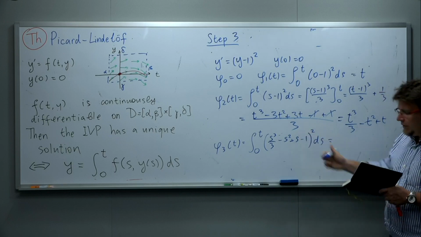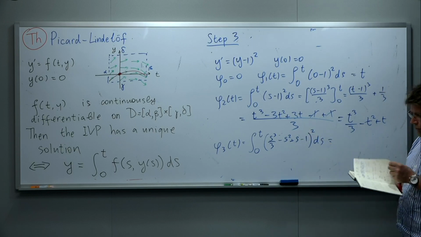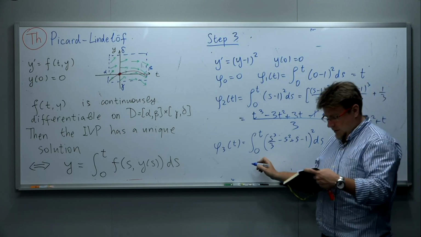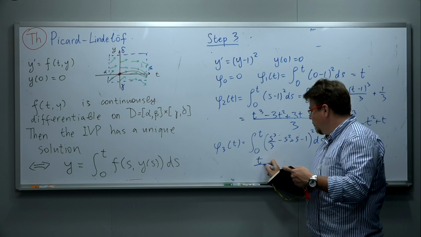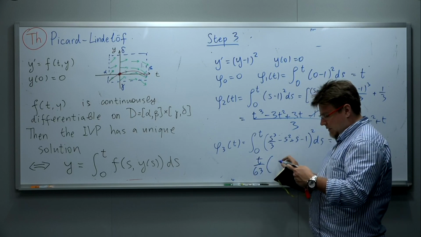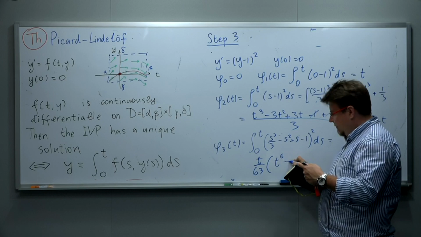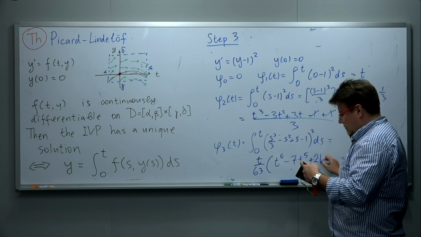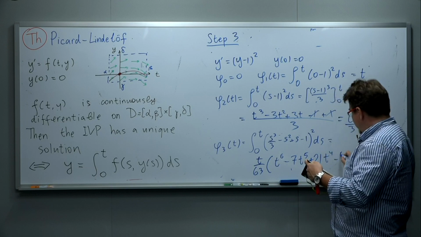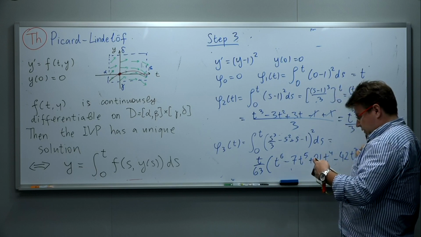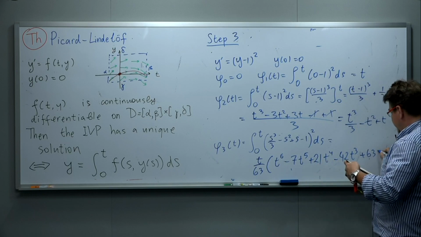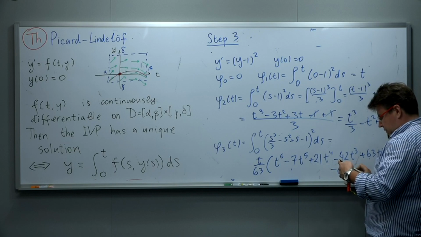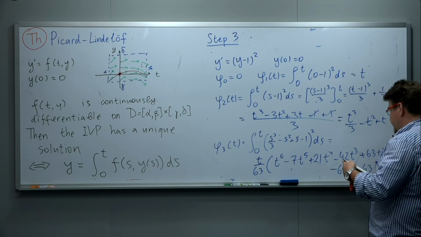And this is already a very complicated integral. I didn't do it myself, of course, I did it in Wolfram Alpha. The answer is t over 63 times t to the 6 minus 7t to the 5 plus 21t to the 4 minus 42t cubed plus 63t squared minus 63t plus 63.